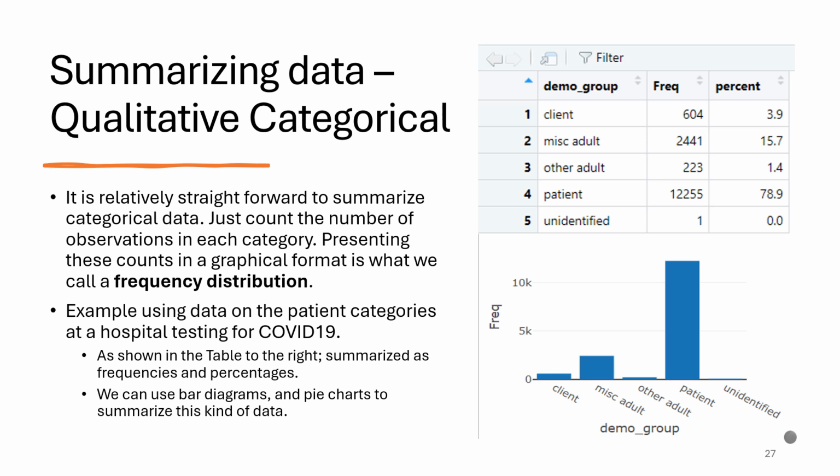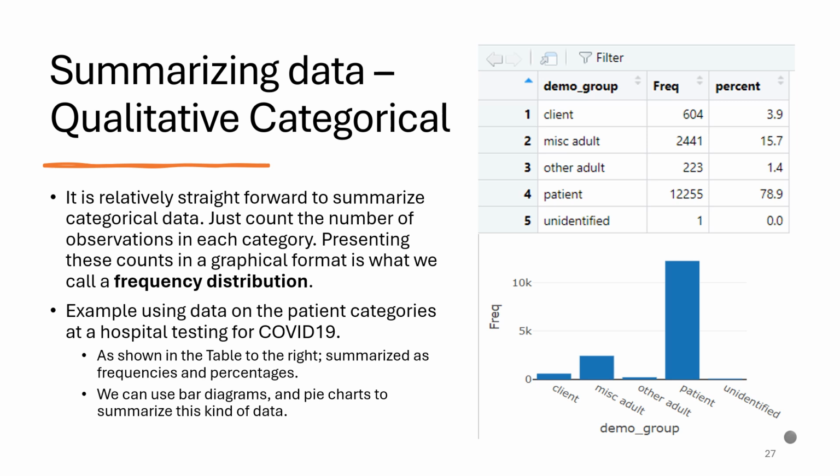So continuing and summarizing data, when we have qualitative or categorical data in this case, it's relatively straightforward to summarize categorical data. Just count the number of observations in the category. Presenting these counts in a graphical format is what we call frequency distribution.